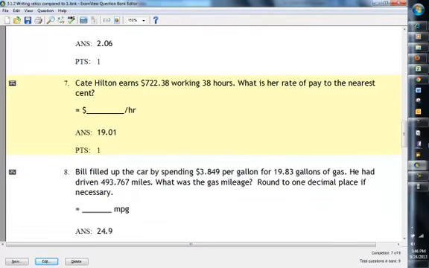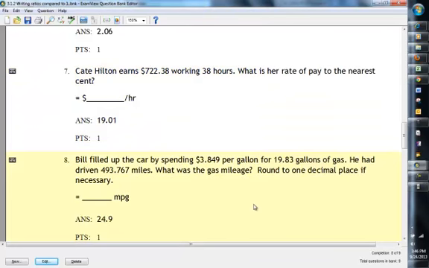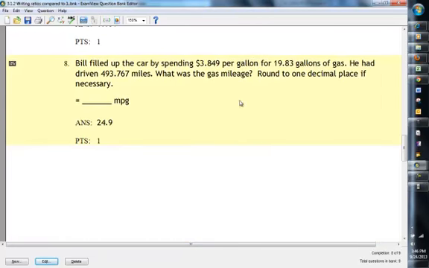Rate of pay is dollars over hours, so it'd be 722.19.38 divided by 38 hours gives us $19.01 per hour.